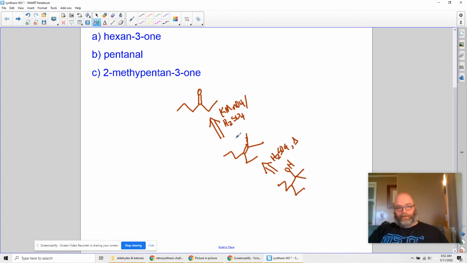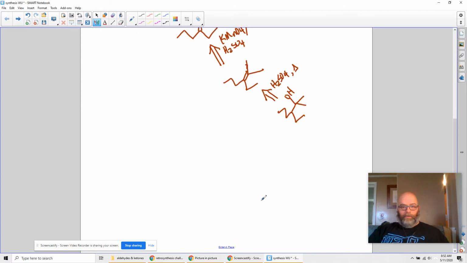Using this as a reactant, we would be able to take this alcohol, which is a pretty complicated alcohol, and do an elimination reaction, probably E1, to get this, and then from there we would oxidize it to our ketone. So that's the kind of thing I'm thinking about with this retrosynthesis.